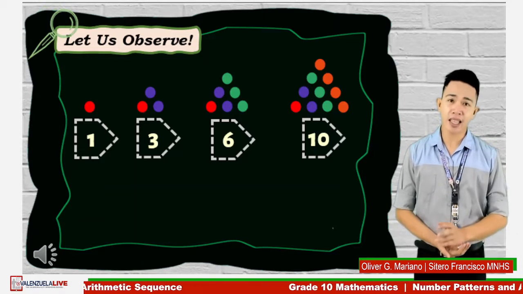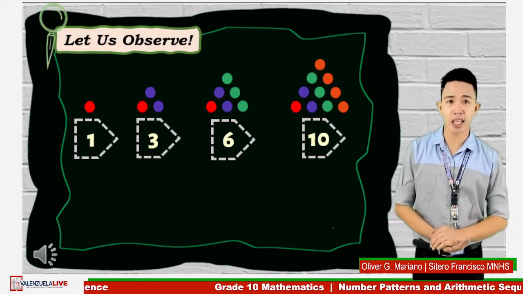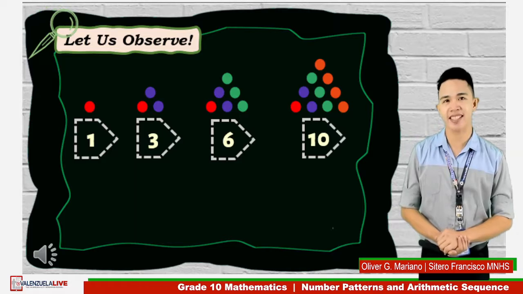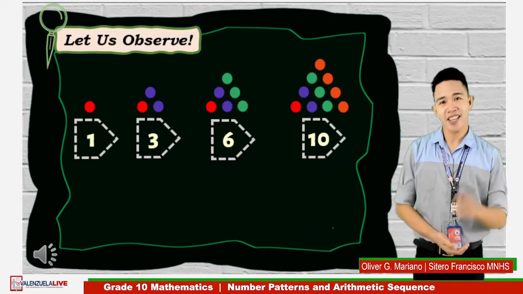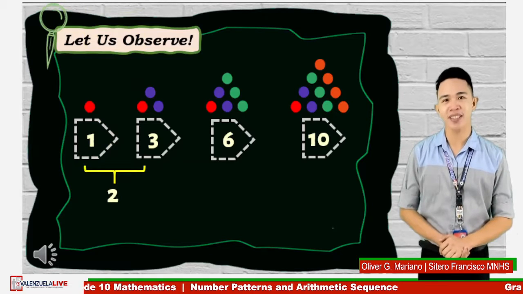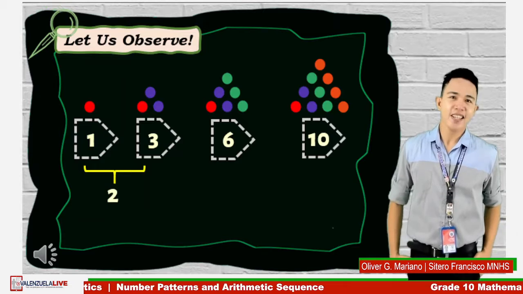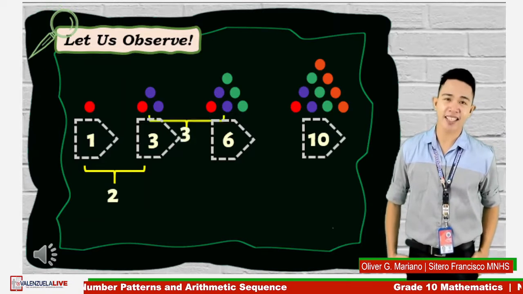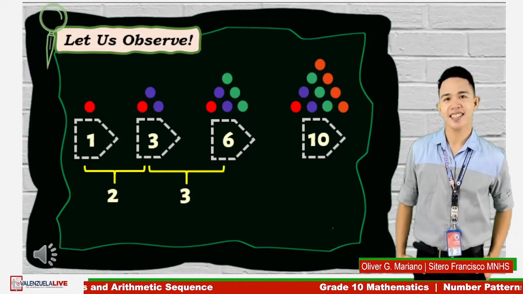Now, let us look at the differences between each number and its preceding one in this sequence. What's the difference between 3 and 1? You're right. That is 2. What about between 6 and 3? Great. That is 3. And what about 10 and 6?